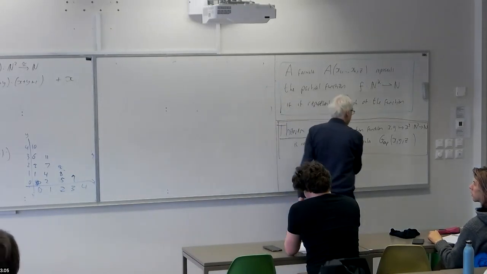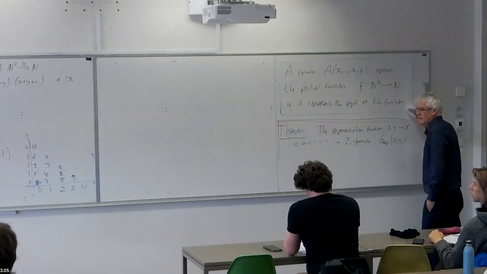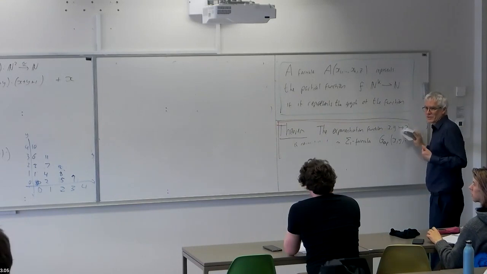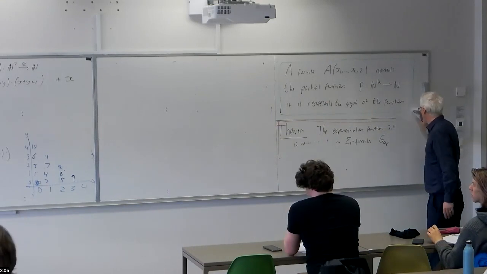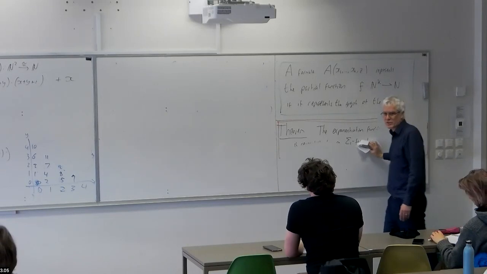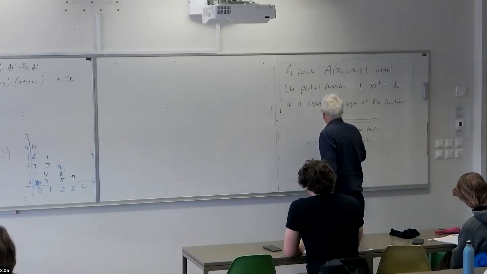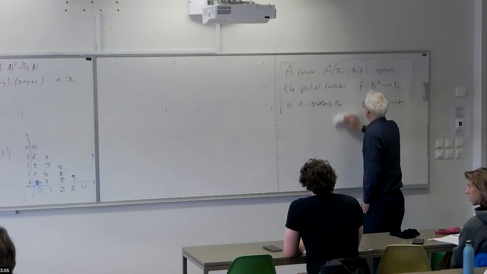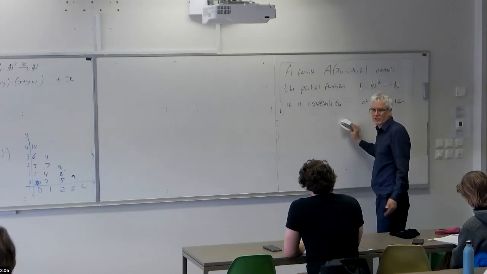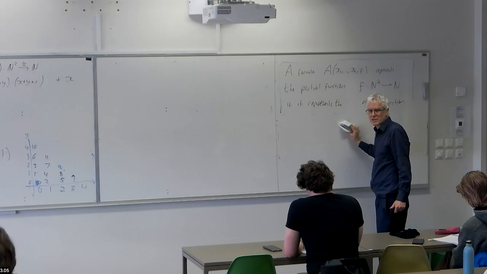Now that's not a particularly hard thing to do. It's not particularly hard to find nice, simply defined functions that encode finite sequences of natural numbers. One way to do it is using prime factorization of natural numbers.